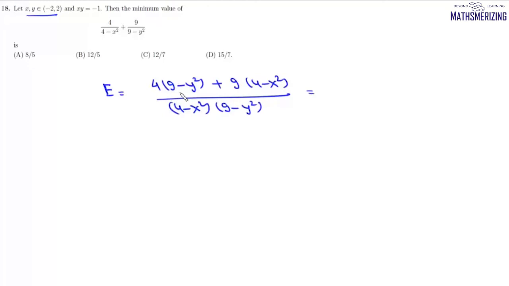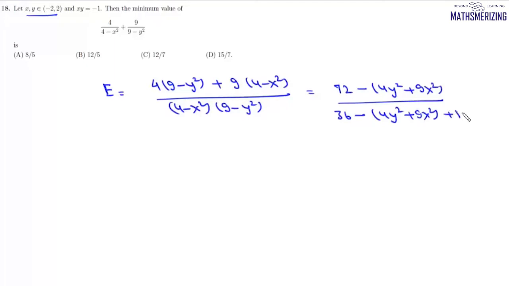Now it will be 36 plus 36, 72 minus (4y square plus 9x square) upon 36 minus, now it will be 4y square plus 9x square plus x square y square, which is nothing but 1.